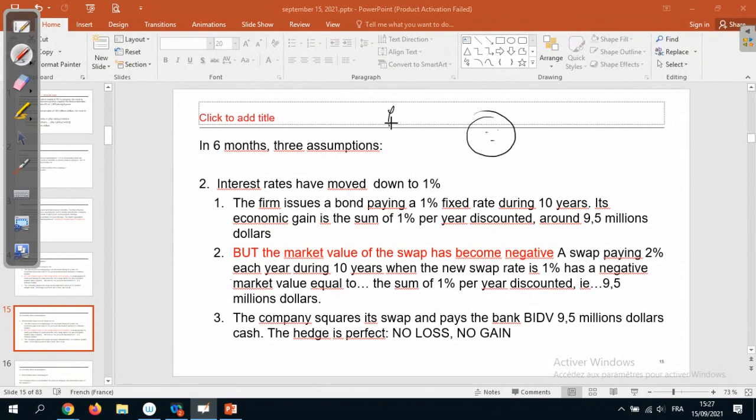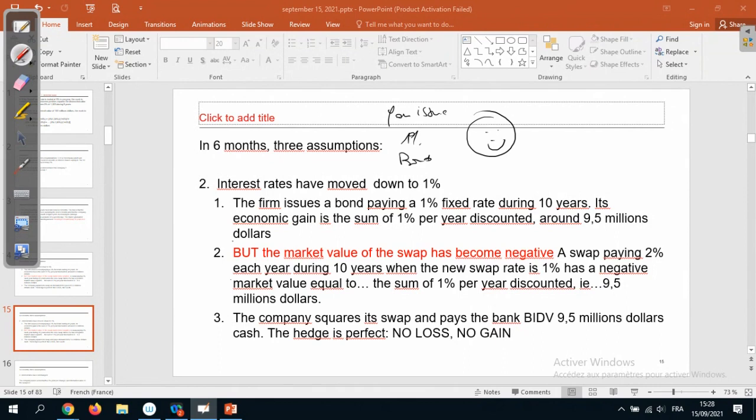You issue a 1% yield bond, you are very happy. When you were planning your bond issue, the interest rate was 2%. Now it's 1. You have a gain of 1%, be careful, each year during 10 years.